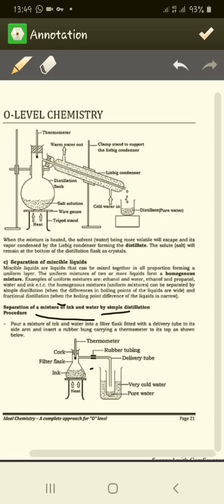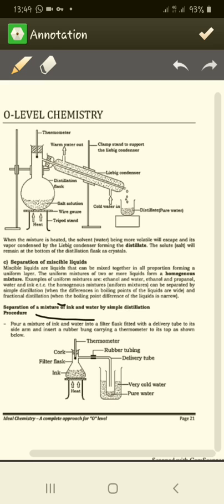This is the delivery tube we are talking about, and the rubber bung carrying the thermometer, or the stopper, as shown in the diagram. Then when we heat, like we saw in simple distillation, the water vapor will evaporate off and it will be collected and cooled by this cold water as pure water there.